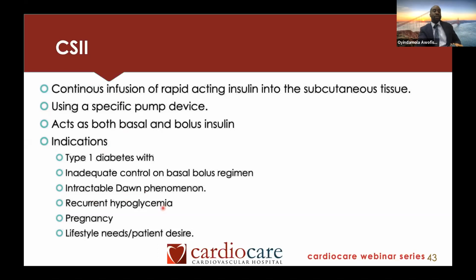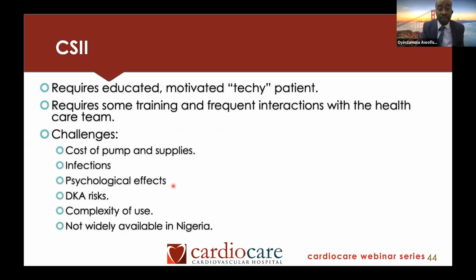Also, it is indicated in people with recurrent hypoglycemia, in pregnancy, and in people with certain lifestyles who need basal bolus insulin but cannot inject themselves at certain times because of the kind of work they do, or sometimes simply patient desire.